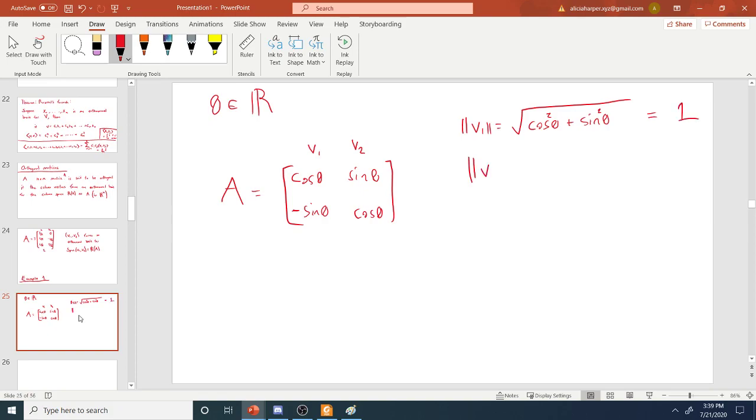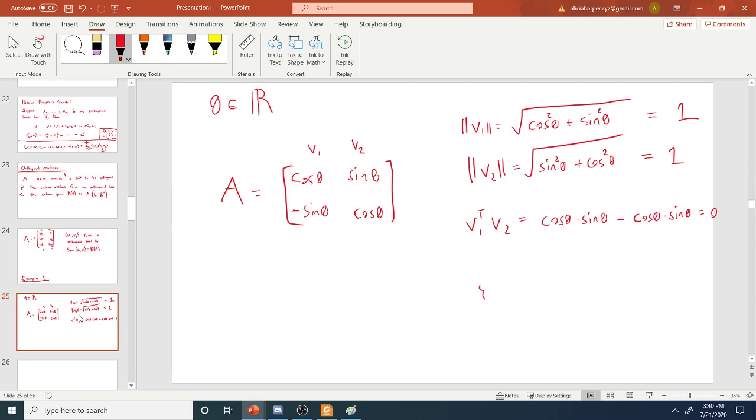And likewise, we can check that the norm of v2 is equal to the square root of sine squared of theta plus cosine squared of theta, which is again equal to 1. And we can also check that v1 transpose times v2 is simply equal to cosine theta times sine theta minus cosine theta times sine theta, which is equal to 0.